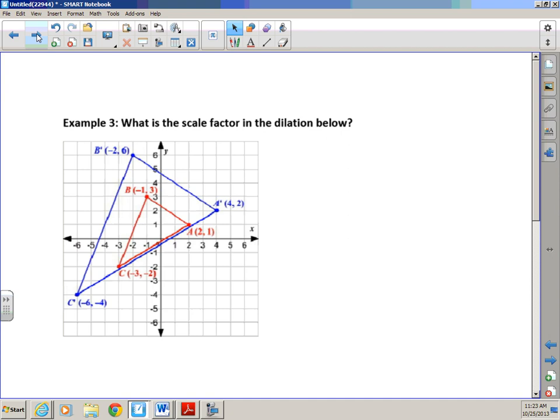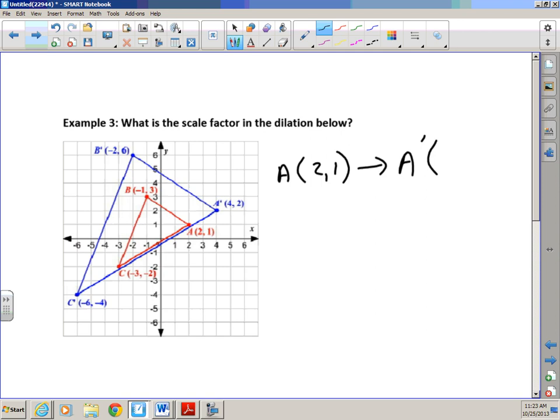Now I give you the before and after picture. The blue is the after because it's marked with the primes, and the red is the before because it doesn't have the primes. Now you might say to yourself, wait a second, I can't count any of these sides. They're all diagonals. That's correct, but it's actually very simple. A was the coordinate (2, 1), and it became the coordinate (4, 2).